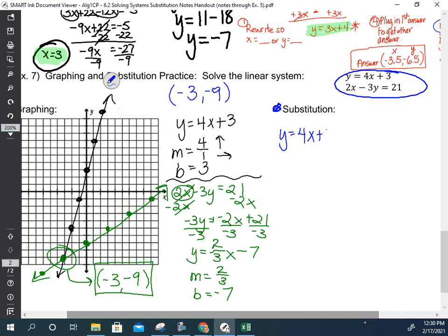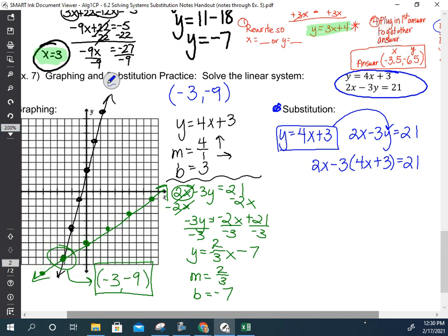For substitution, y equals 4x plus 3, and 2x minus 3y equals 21. You already have something that's solved. So y equals 4x plus 3, plug it in for y. So take the y out, put 4x plus 3 in.